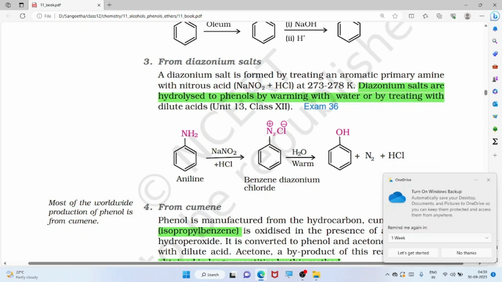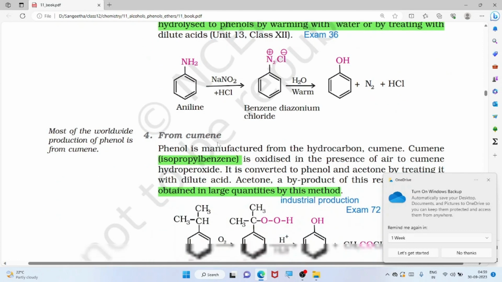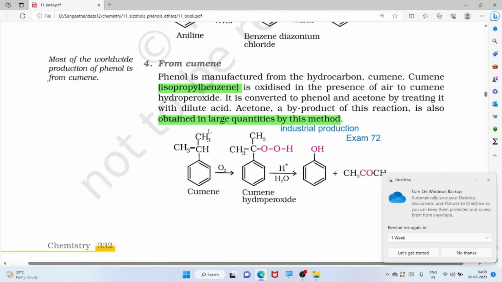How phenol is prepared from diazonium salts. This is for the industrial preparation of phenol, for large quantities of phenol and acetone, from cumene.